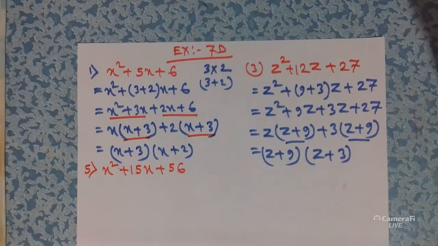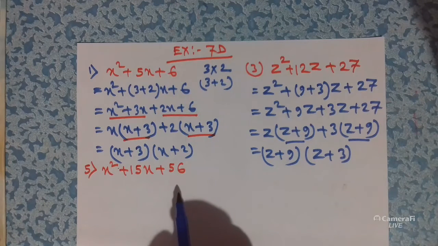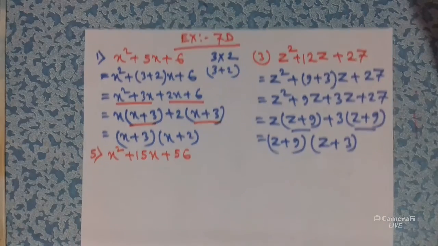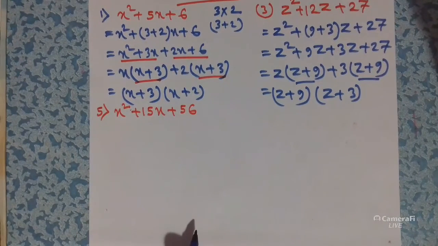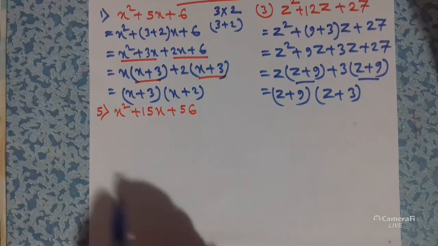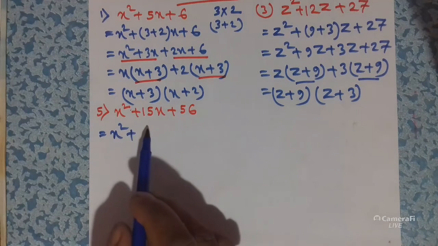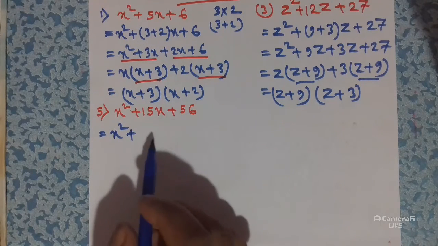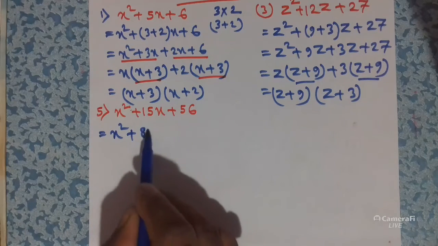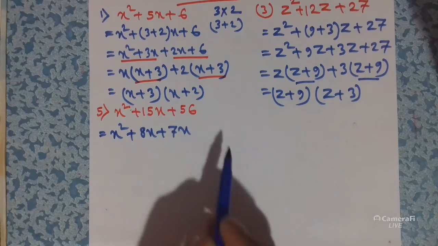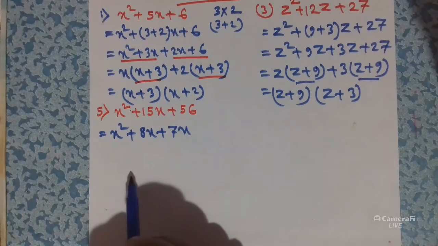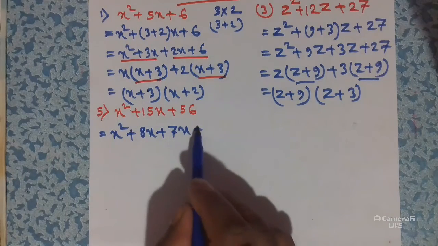If we factorize 56 like this, 8 into 7, then 8 into 7 is 56 and 8 plus 7 is 15. So we can take two numbers as 8 and 7. Here we can solve it directly also. We can take 8x plus 7x, because 8x plus 7x is 15x and 8 into 7 is 56.